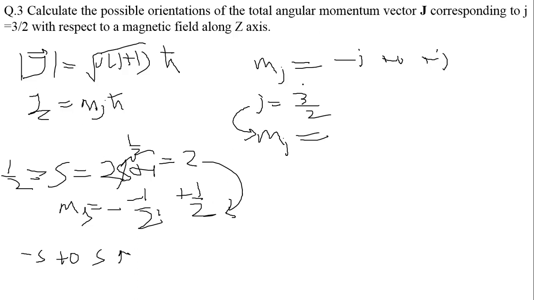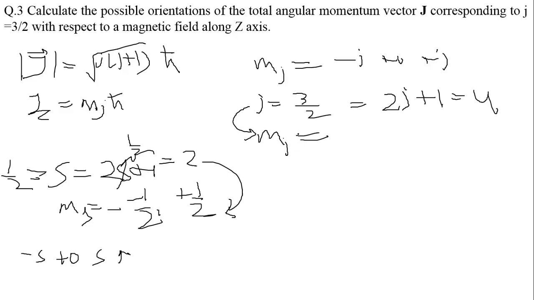But in this case, since j is equal to 3/2, how many values will we get? We will get 2j plus 1 values. For j equal to 3/2, what is 2j plus 1? It will be 4.